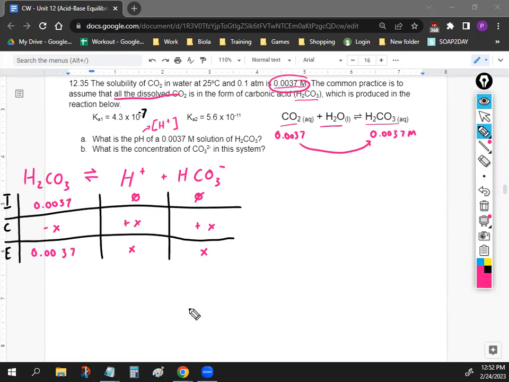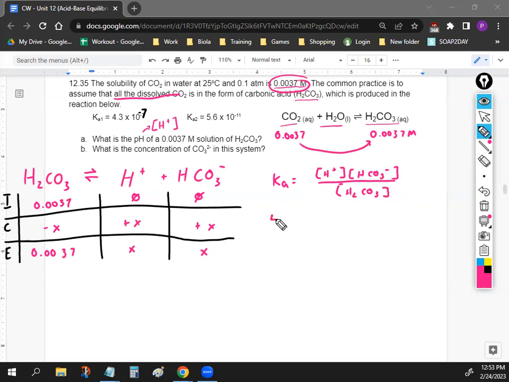Okay, so far so good? All right, now we don't know what x is yet, but we know the Ka value. And if you remember, Ka is equal to the concentration of the products at equilibrium divided by the concentration of the reactant at equilibrium. So all we need to do is plug in the values right here.